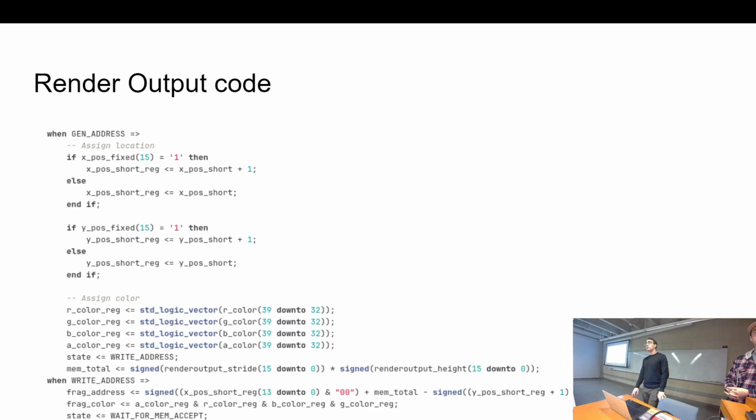So I have a quick question. Did you meet timing on the first try with it like this? No, I did something. You can see the mem total variable up here. This was to multiply the stride output height and the stride output stride, because when I had that in one line down here, it didn't meet timing. So I just moved part of the calculation to the previous state.